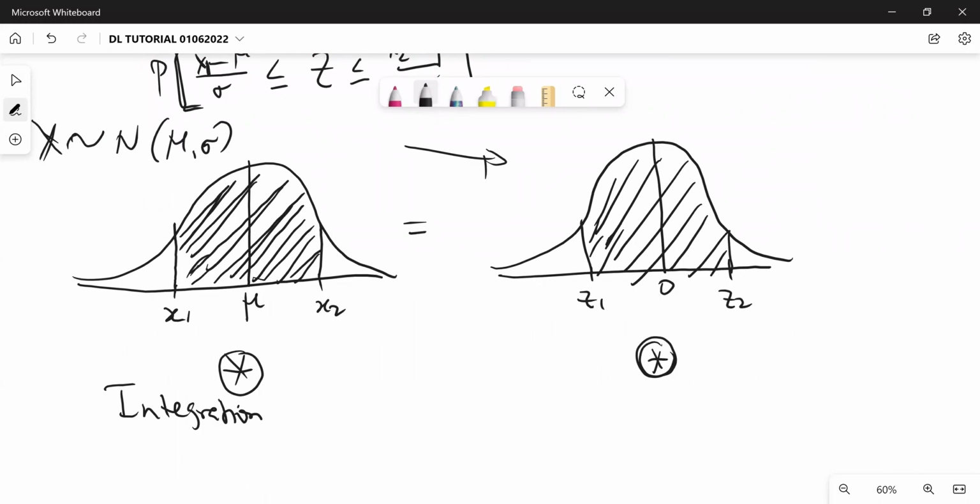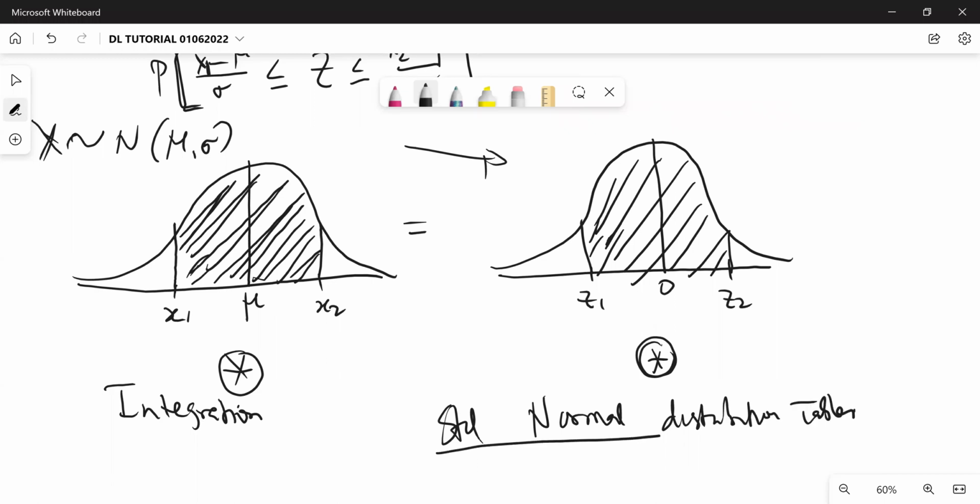So the tables are called normal distribution tables, or the standard normal distribution tables. Okay. So we shall be using standard normal distribution tables to find the area under the curve, or to find the probability when you are given the relevant information.